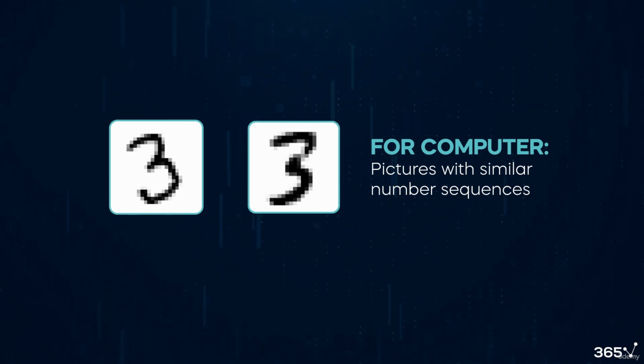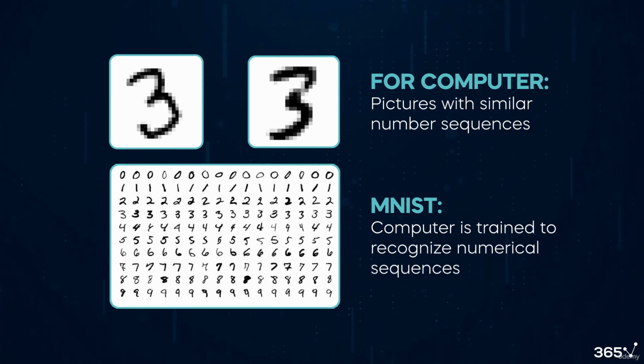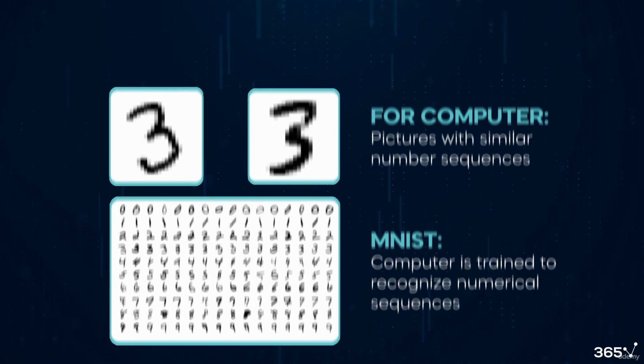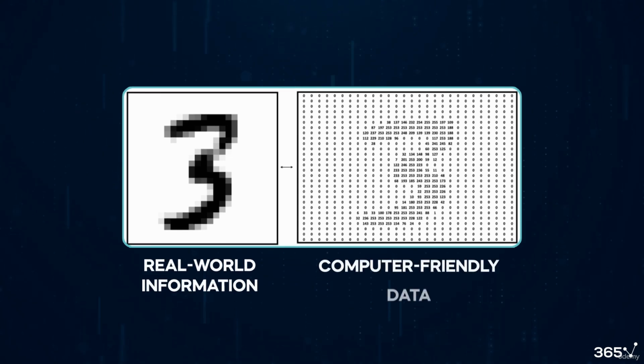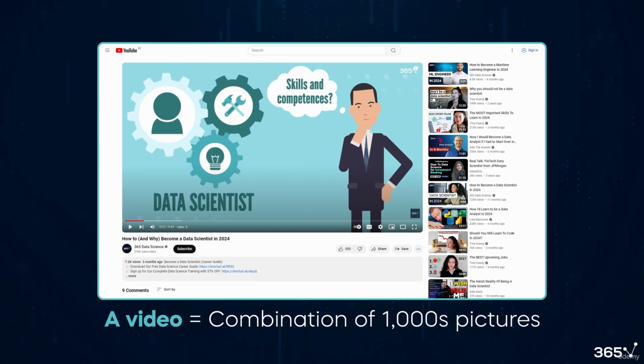To solve the MNIST task via machine learning, the computer is trained to identify and differentiate these numerical sequences, enabling it to recognize digits from 0 to 9. This example is fundamental because it shows how we can turn different types of information from the world around us into data that computers can read. Similarly, videos are thousands of pictures composed of hundreds or even thousands of pixels.